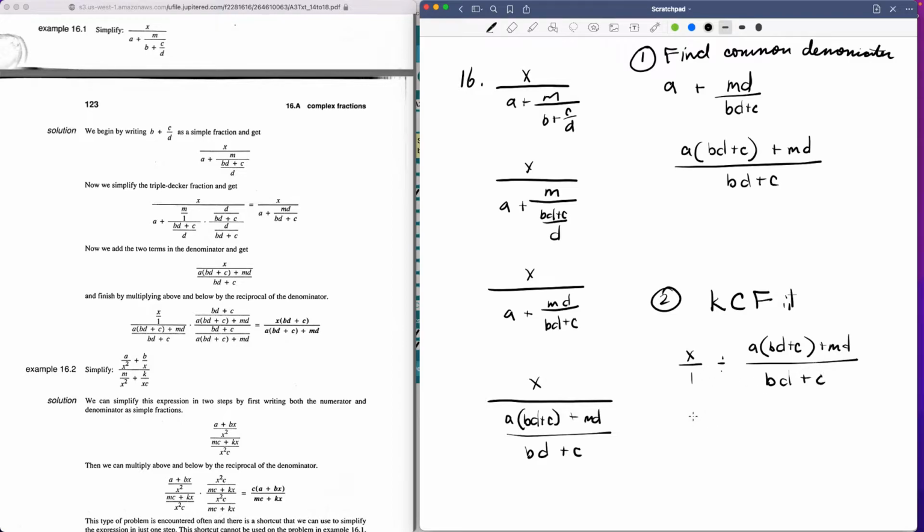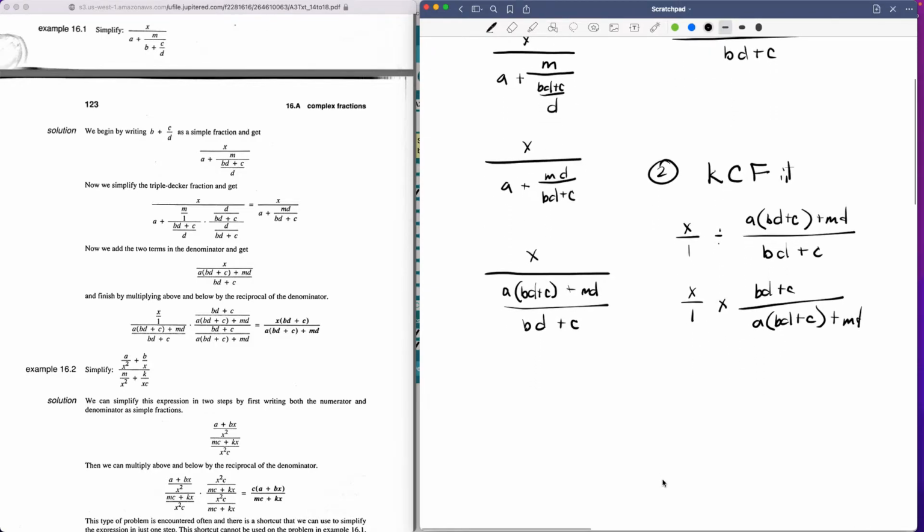Keep it, change it, flip it. X over 1 times bd plus c over a times bd plus c plus md. So now I'm going to scroll up a little bit, give us more room.